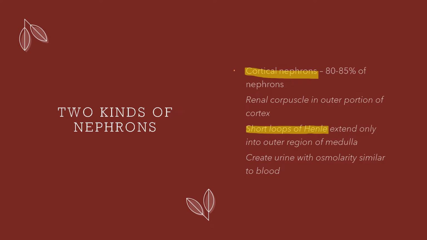These nephron loops lie mainly in the cortex and penetrate only into the outer region of the renal medulla. These short nephron loops receive their blood supply from the peritubular capillaries that arise from efferent arterioles. Cortical nephrons will create urine with osmolarity that's really similar to blood.